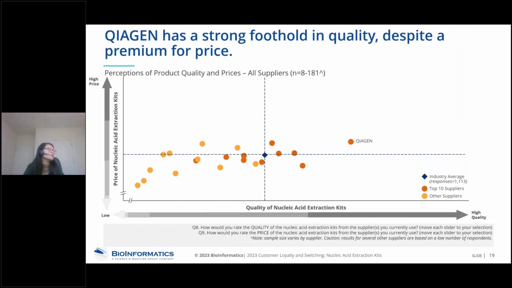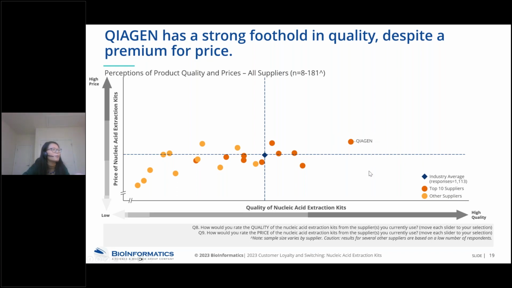Looking at quality and price here, on the x-axis it goes from low quality to high quality, and on the y-axis, we looked at the idea of value and perceptions of price of these nucleic acid extraction kits from low to high price. Once again, QIAGEN appears to be the market leader.